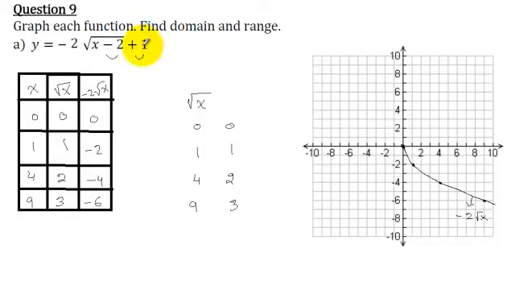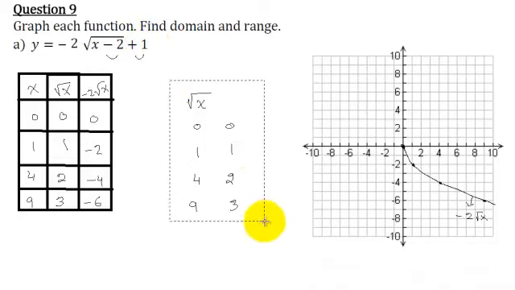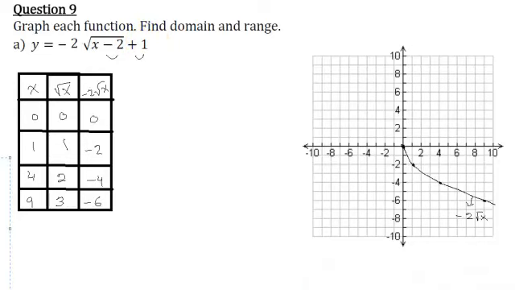Which means that every single point we did here, we translate: 2 units right, 1 unit up. Let's write it so that we don't forget it: 2 units right, 1 unit up.